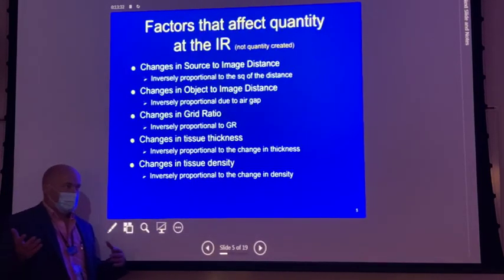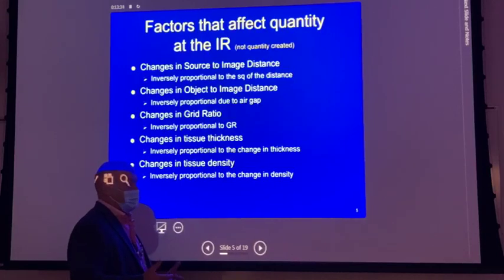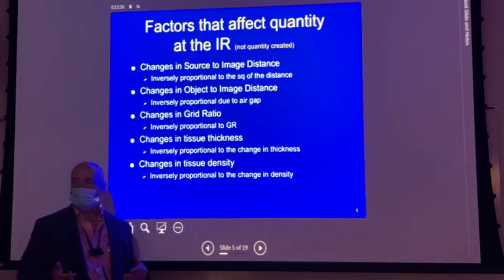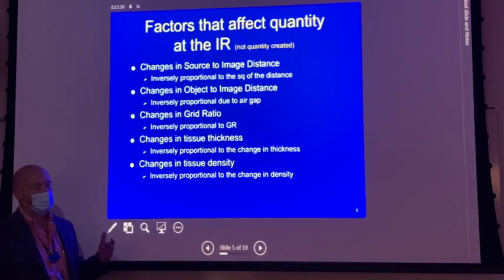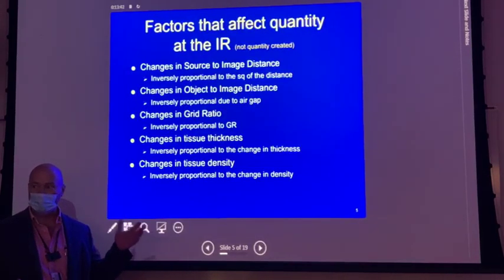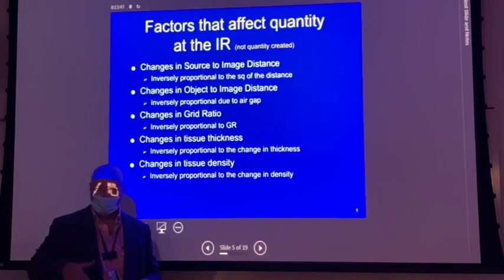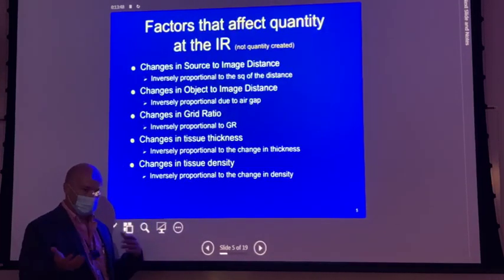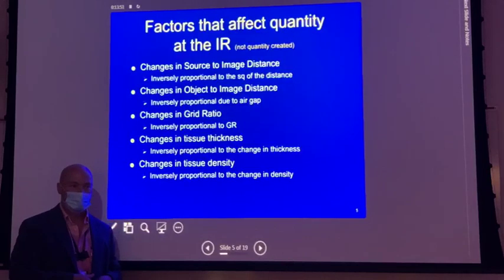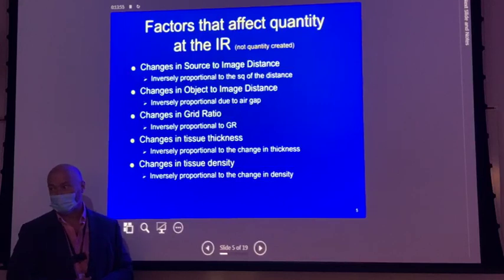With computer algorithm and CR and especially DR, you might not see a whole lot of difference in a C-spine taken with a grid and a C-spine taken without a grid utilizing the air gap. In the days of film, before you could apply a high contrast algorithm to the image, I can tell you, you can see a difference.